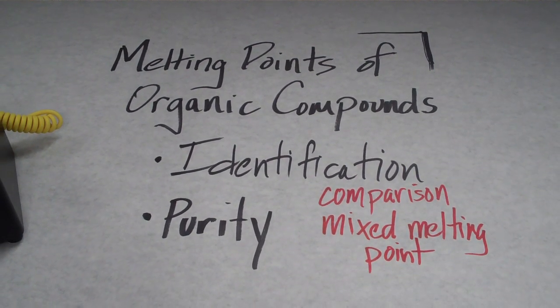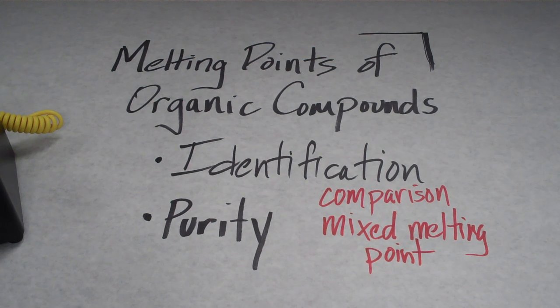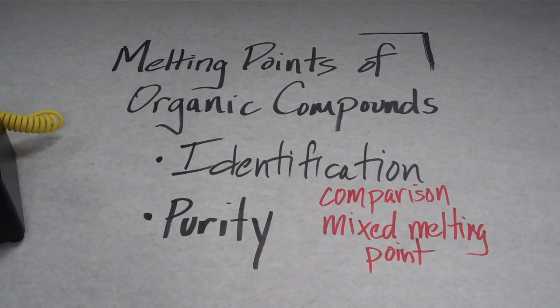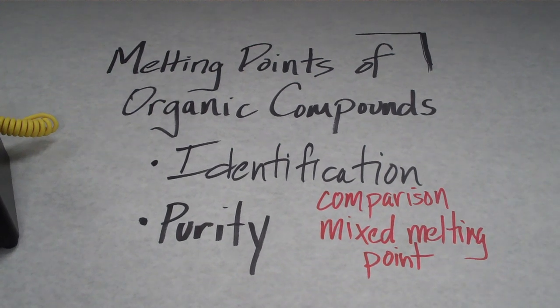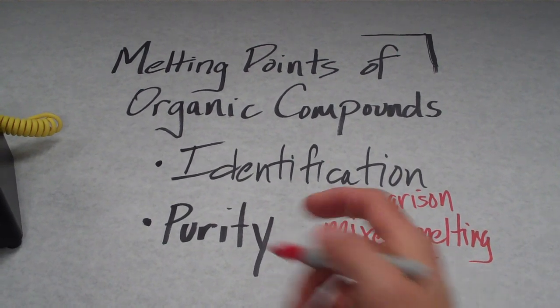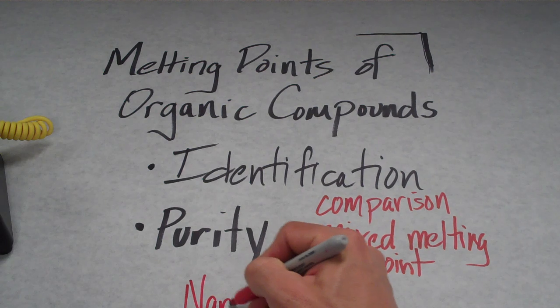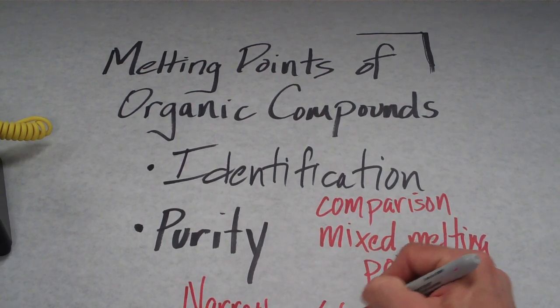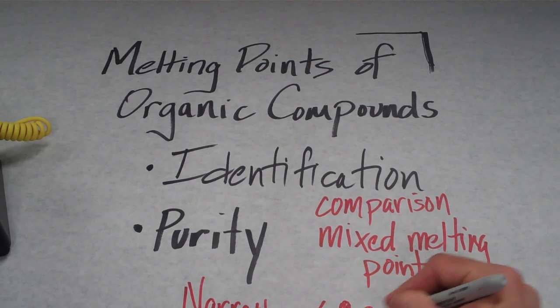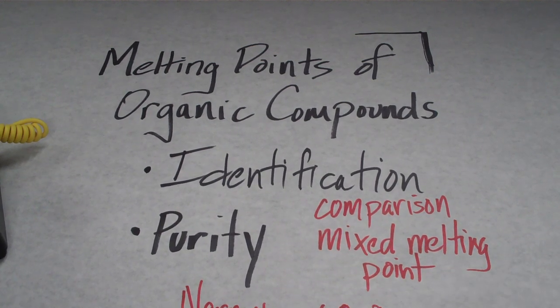The other method that melting points are used is to determine the purity of a sample. Only a very pure sample of a compound will have a narrow melting point range, which would be less than 2 degrees Celsius.